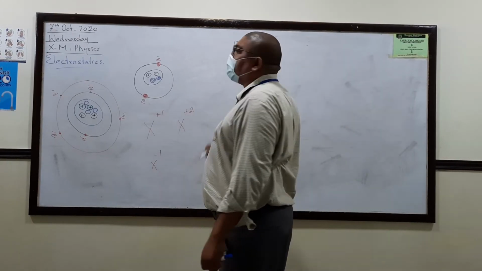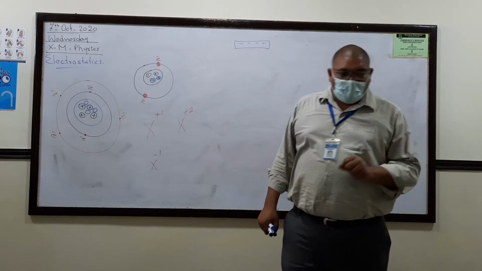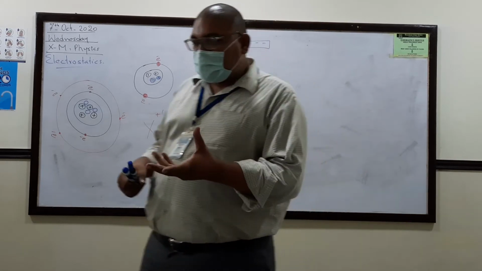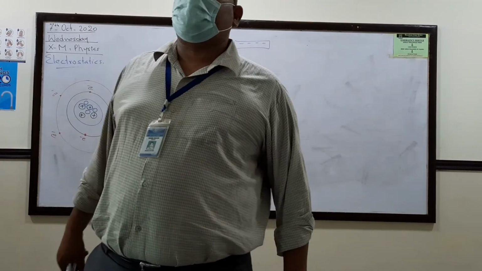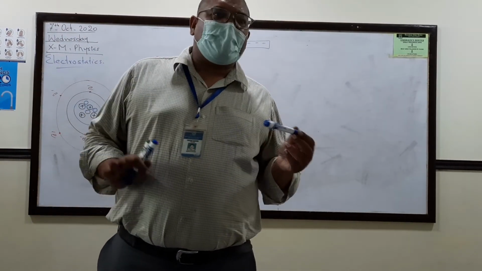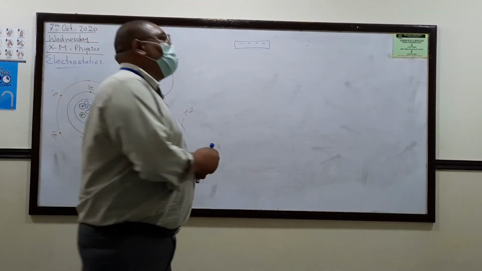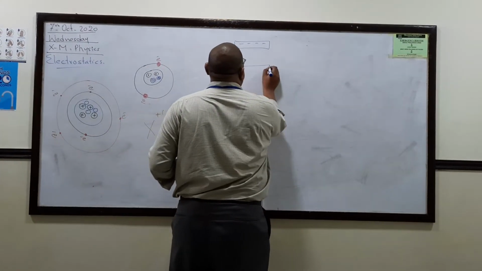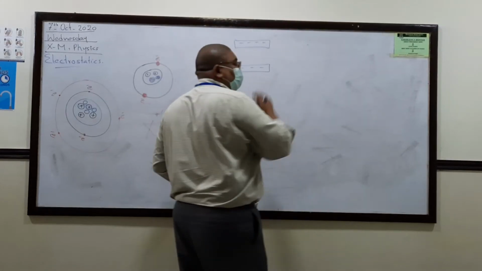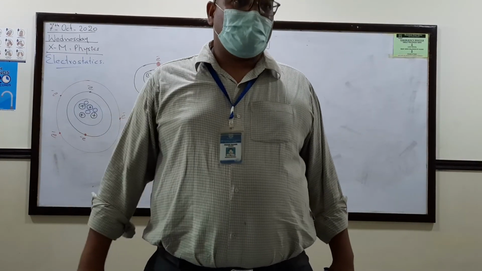I took a plastic rod and rubbed it with the silk cloth, and the plastic rod will get charged, whether positive or negative. I suppose it becomes negative. Take another plastic rod and rub it with the silk cloth, and obviously this rod will also become negative. Now both the plastic rods are charged.